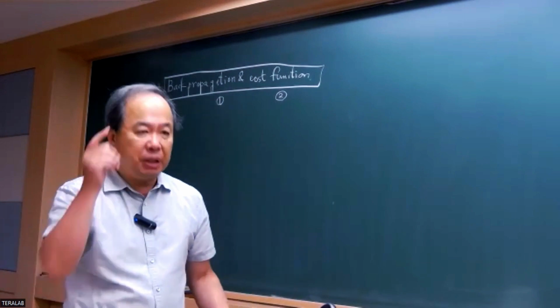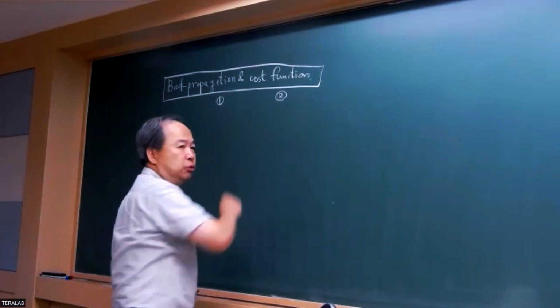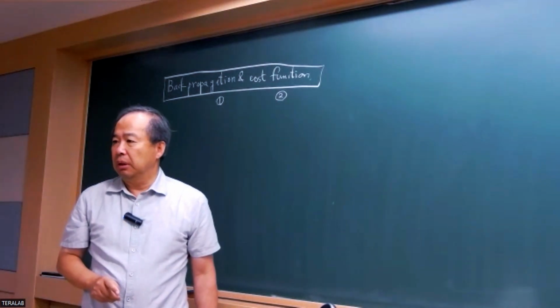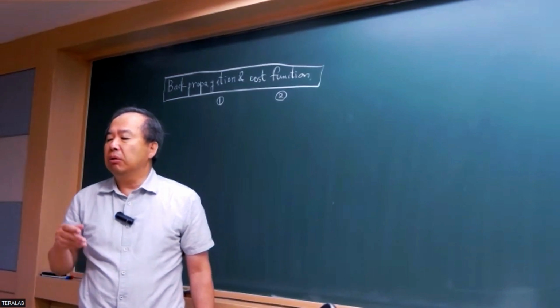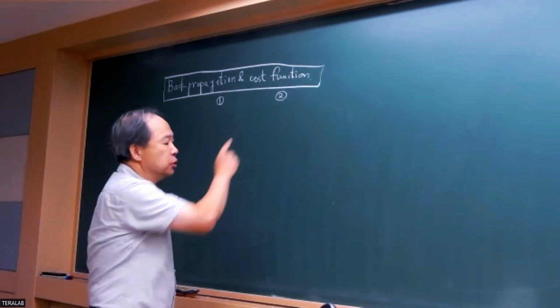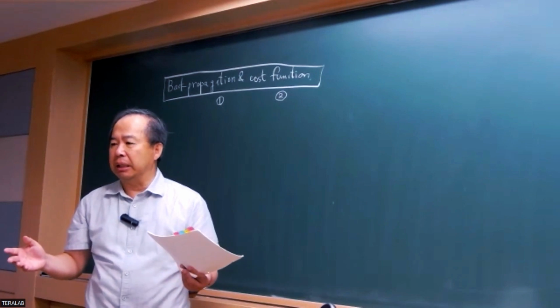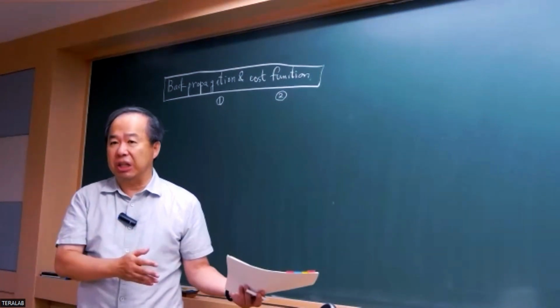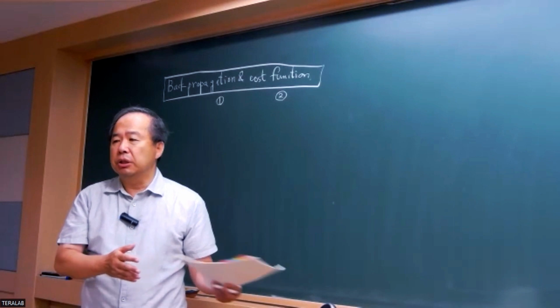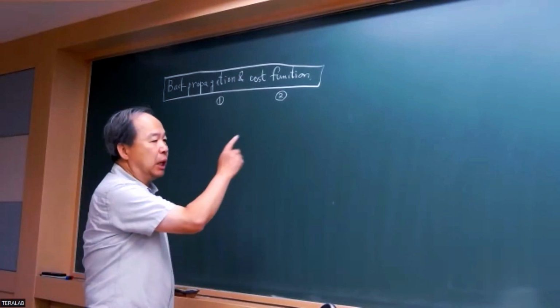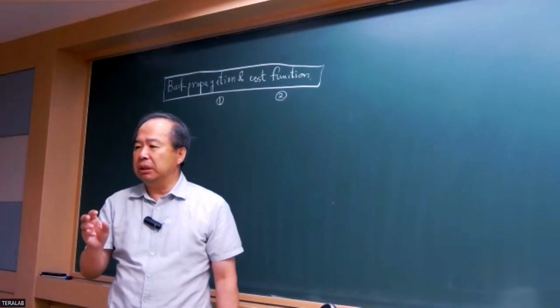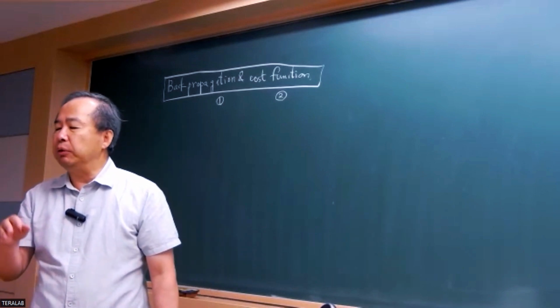That value of your thinking will be put into the cost function. And depending on how you decide your cost function, your deep neural network and generative AI will behave in different directions.